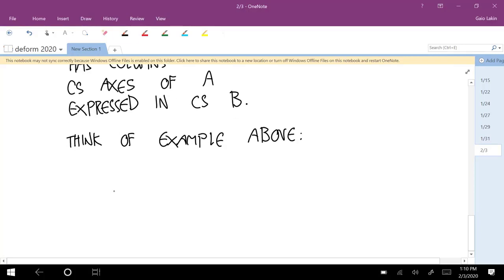So our coordinate system A is this, and the z-axis coming out. And our coordinate system B is this, and z is still coming out, so z isn't going to change.